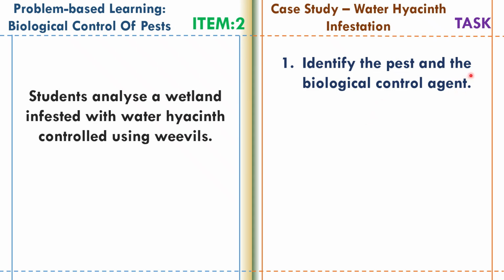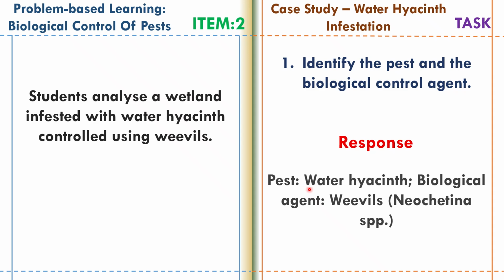Identify the pests and biological control agent. The pest is the water hyacinth, and the biological control agent are the weevils, Neochetina species.